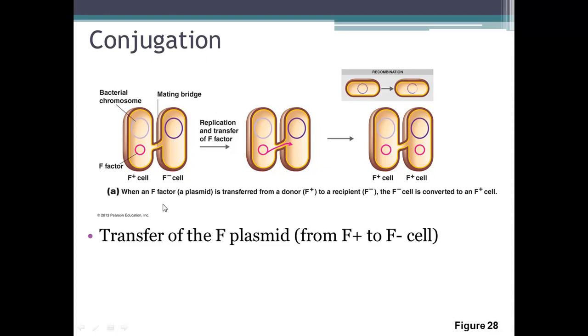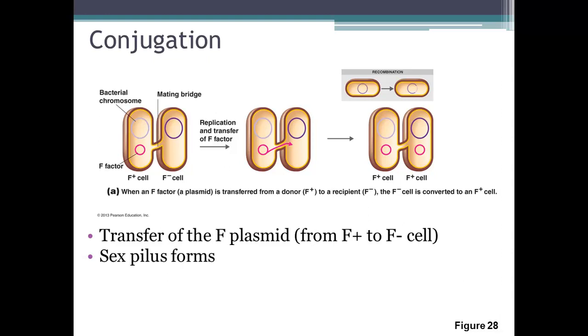The F plasmid consists of 25 genes that mostly encode for the production of the sex pili. A conjugation event occurs when the male cell extends his sex pili and attaches to the female.